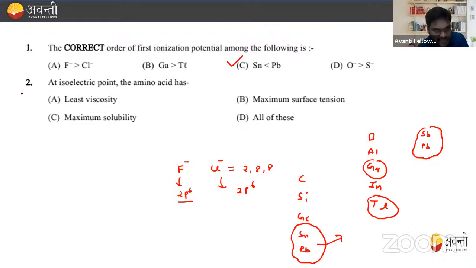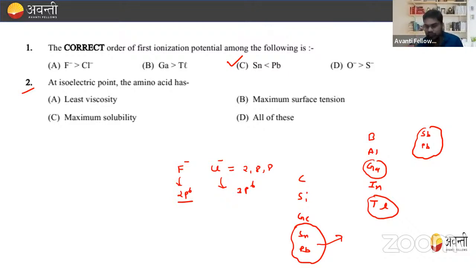Now, the second point is the isoelectric point. Can you please tell me what the amino acid has at the isoelectric point? This question is from biomolecules.